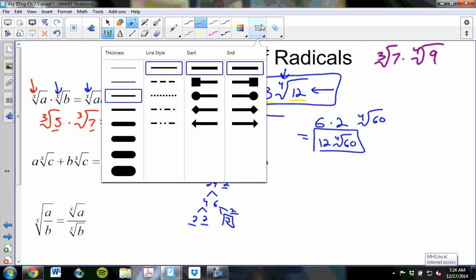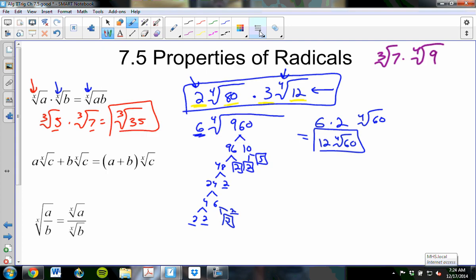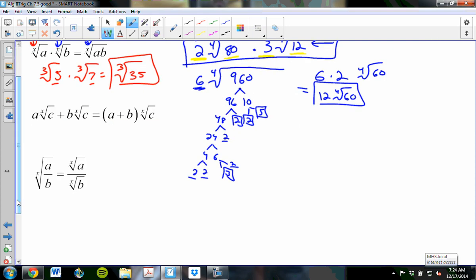If the numbers inside the radicals are the same, so for example, I'm doing this rule now, if I have 3 times the fourth root of 2 plus 9 times the fourth root of 2, these right here are like terms. It's like we have the exact same variable, only this time we have the fourth root of 2, which I don't know what it is, but it's the fourth root of 2.